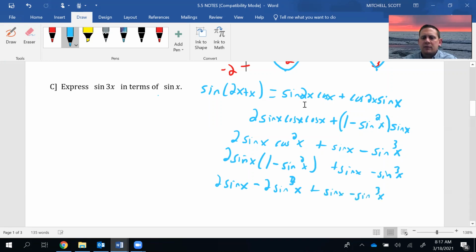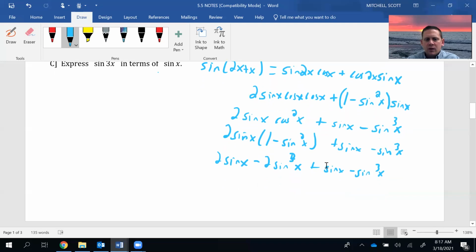So again, we're just combining some like terms here. So notice the ones that have the same power we can put together. So this is 2 sine x, and sine x gives me 3 sine x. And negative 2 sine cubed of x minus sine cubed of x is minus 3 sine cubed of x.